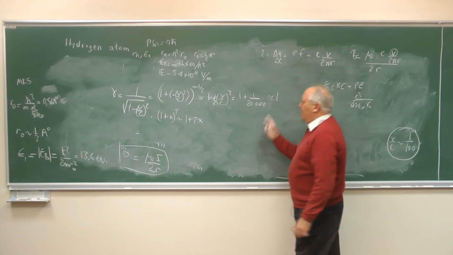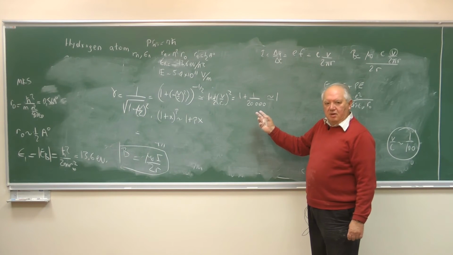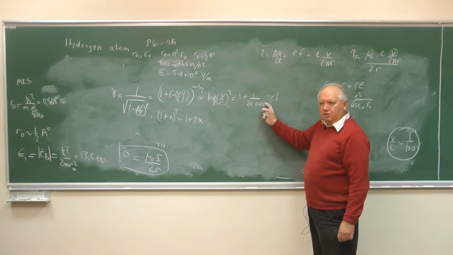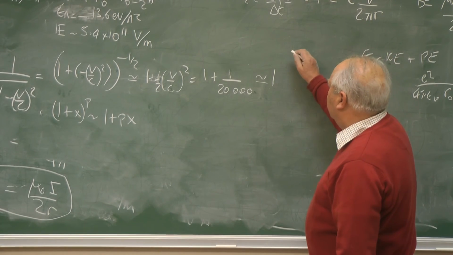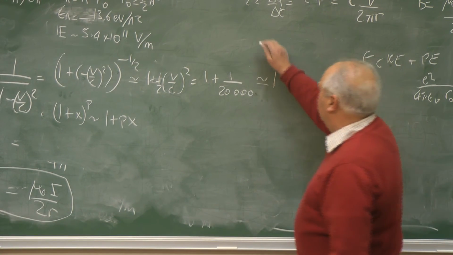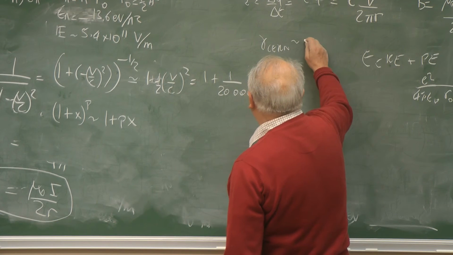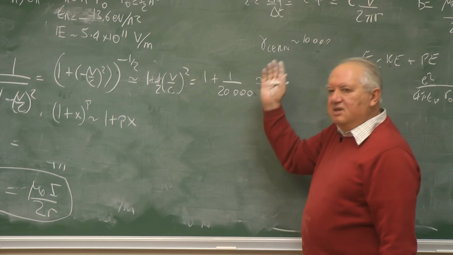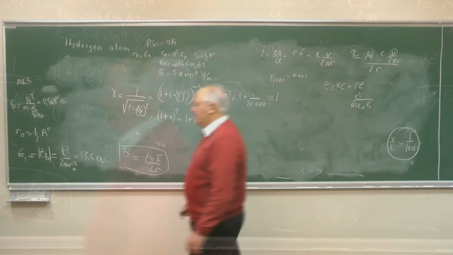Now you can estimate, for example, the Large Hadron Collider at CERN. They push gamma for protons, which are 2,000 times heavier than the electron, to several thousand. Gamma at CERN is several thousand. Let me say of order 10,000. It's a terrific machine. All right, I'm erasing it.